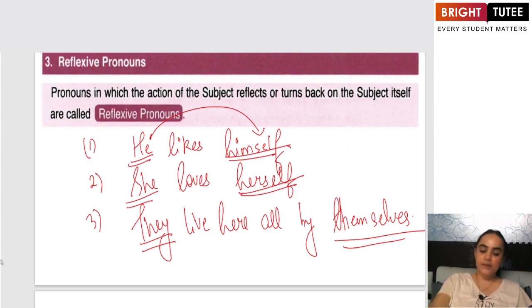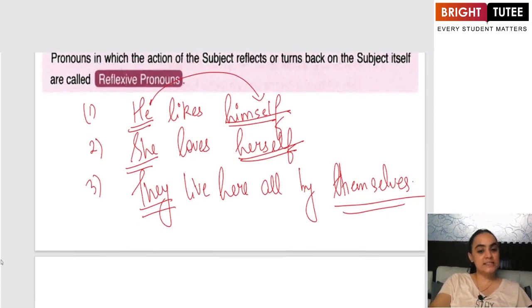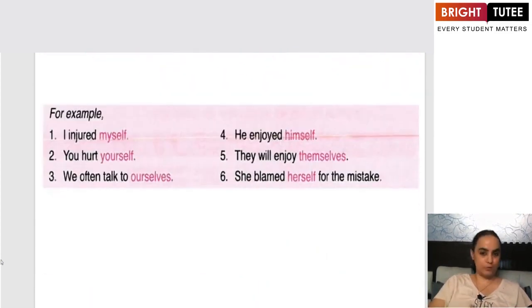So when the action of the subject comes back onto the subject itself, that is a reflexive pronoun. Let us look at some of the examples other than what I have provided you with. I injured myself. As you can see, I injured myself. So I and myself, right?